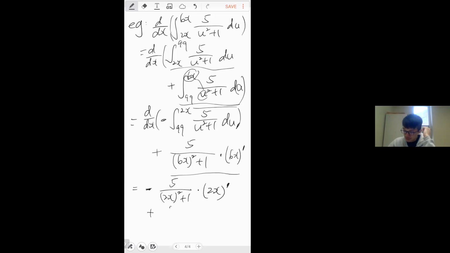So that's it for the first term, plus the second term. And then I need to simplify this too. The derivative of 2x is just 2.